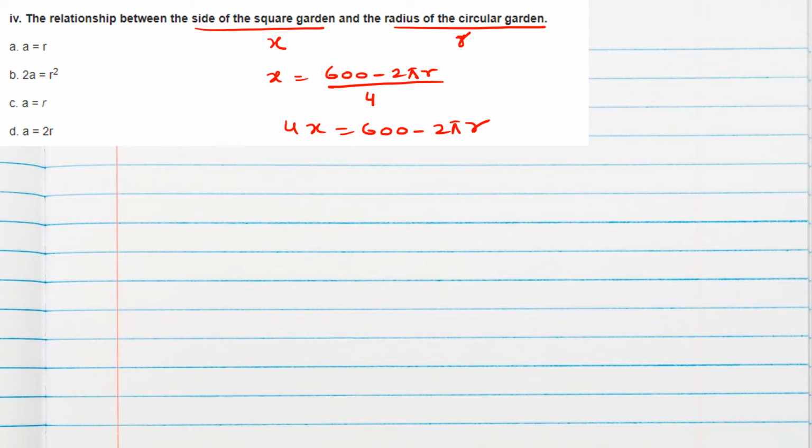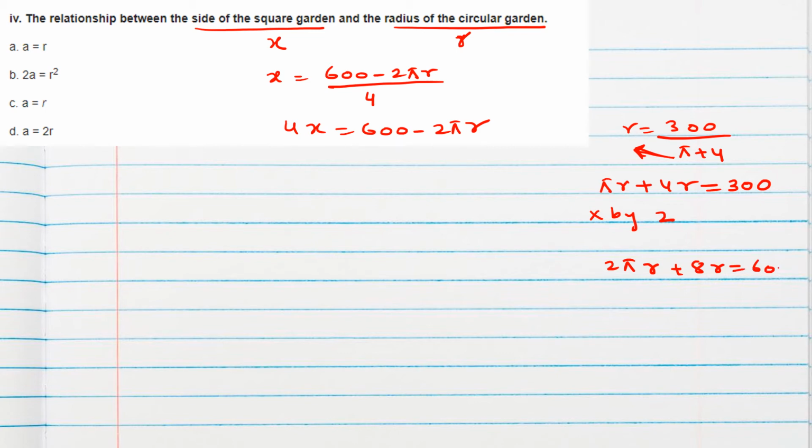And r value we got as 300 by pi plus 4. If I shift this pi plus 4 here, I will get pi r plus 4r equal to 300. Throughout multiply by 2, so 2 pi r plus 8r equal to 600.